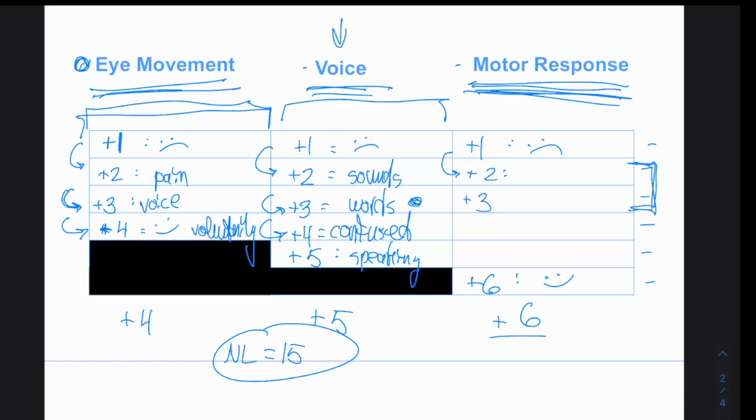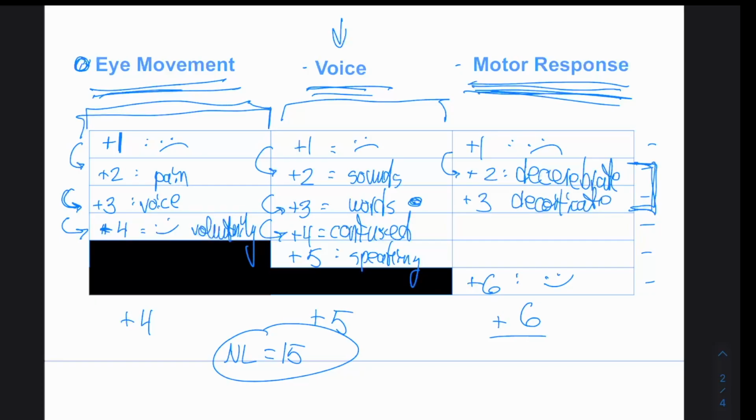So there's something called decorticate positioning, where your arms are flexed towards your chest, and then there's decerebrate positioning, where your arms are extended away from your chest. What you want to remember is that decerebrate, or extending your arms away from your chest so that you look very stiff, is worse than decorticate.